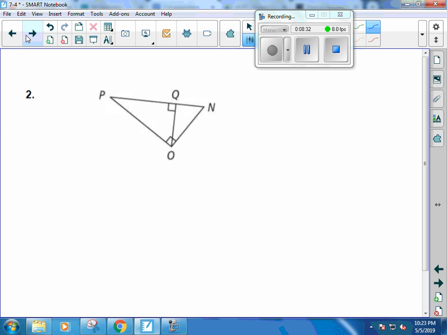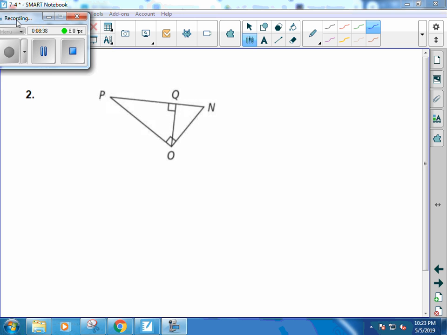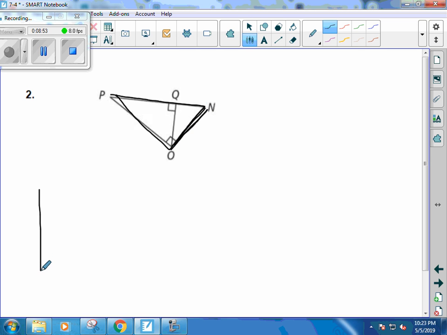Okay, so I'm going to look here. I'm going to start with the largest triangle altogether. When I draw them out, I like to draw the shorter leg first, run through the right angle, and down the longer leg.